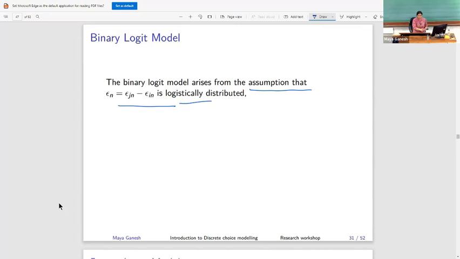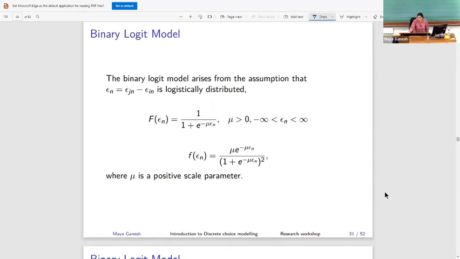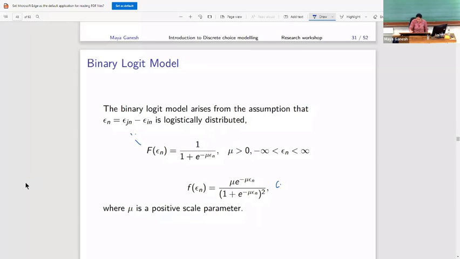So what we do then is we come back to the notion of probability. What did we say earlier? We said that a consumer n would choose i only if the utility from alternative i is greater than the utility from alternative j.